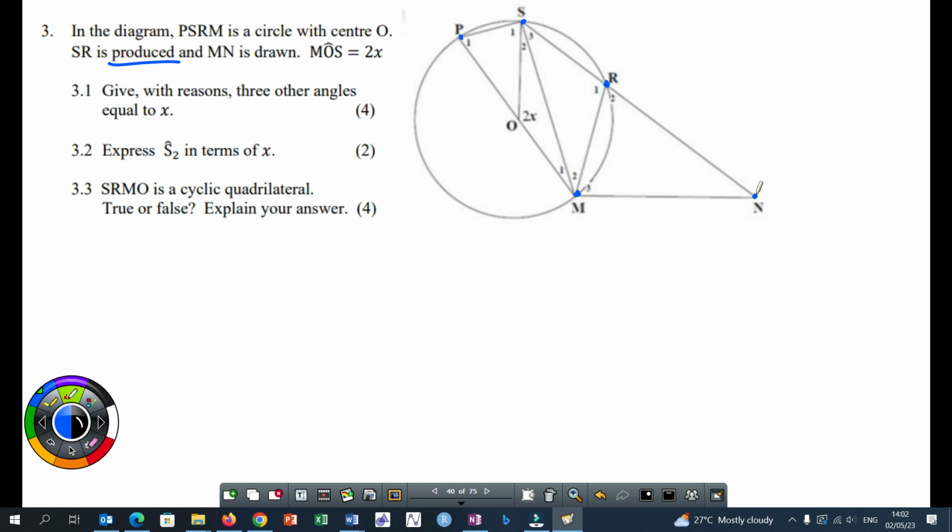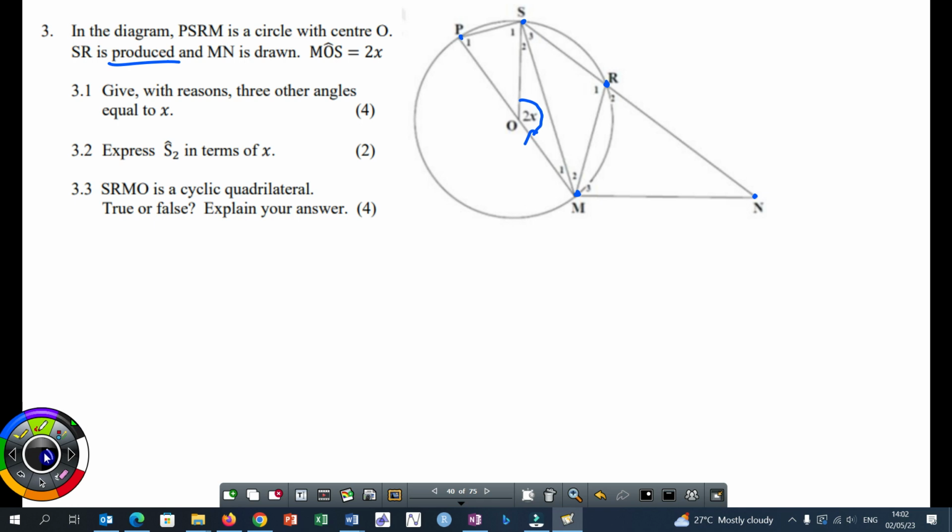Okay? So, MOS, this angle here, it is an angle at the what? Center. Alright? Now we need to determine 2 other angles that are each equal to X. You have to find 3 angles that are equal to what? To X. Which one?